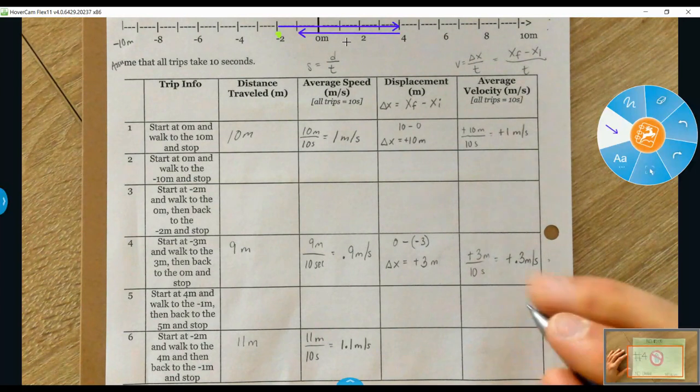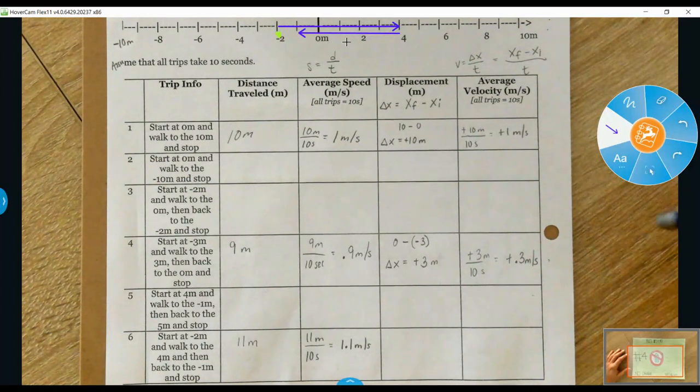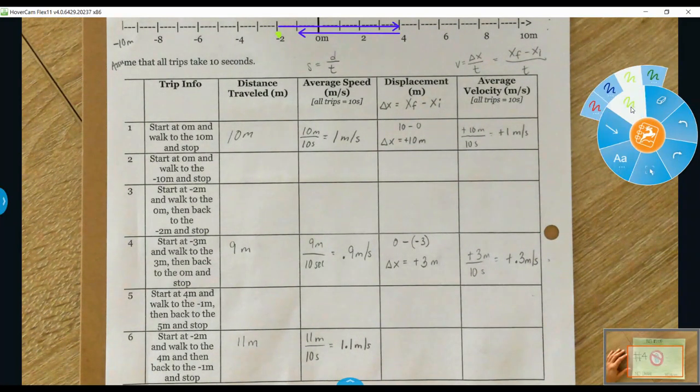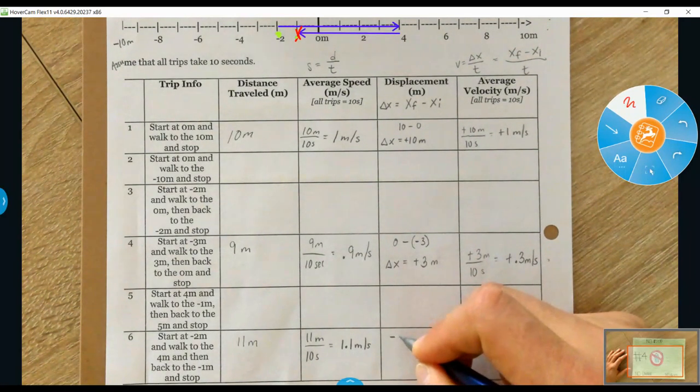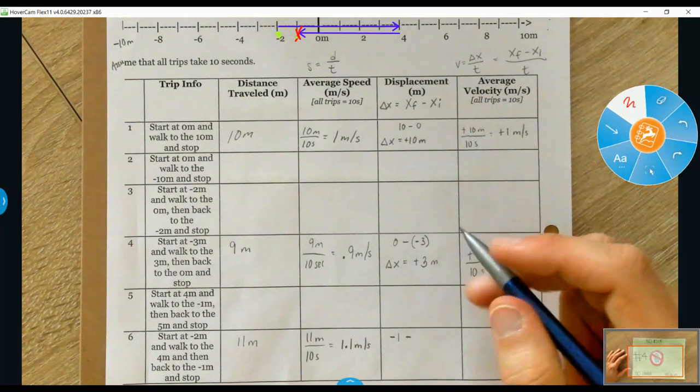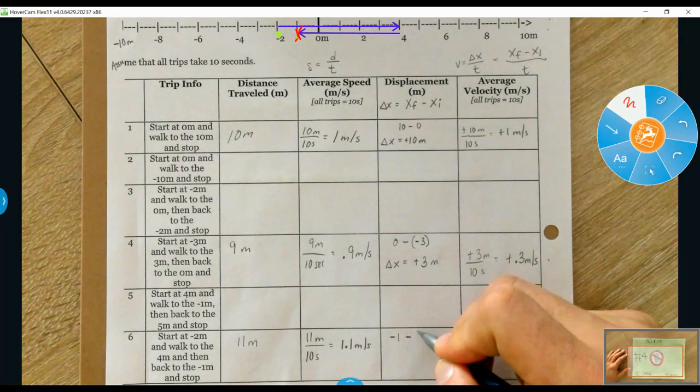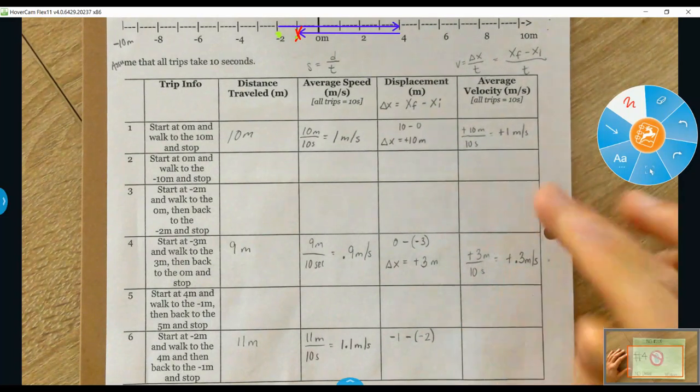But what about our displacement? Okay. So guys, where did we finish? We finished right here at this red X, which is -1. So that's my final position. And what is my initial position? Minus a -2.